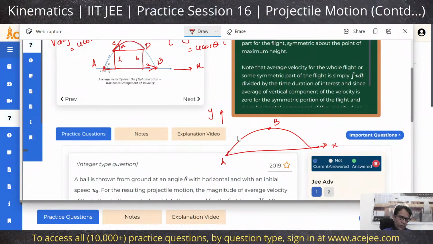The initial velocity is u at angle theta. So what is the average velocity between A and B, B being at the maximum height, A being at the launch point? What is it?